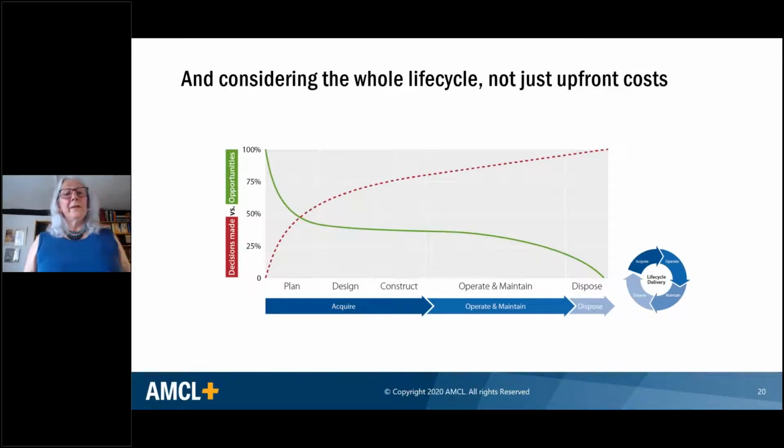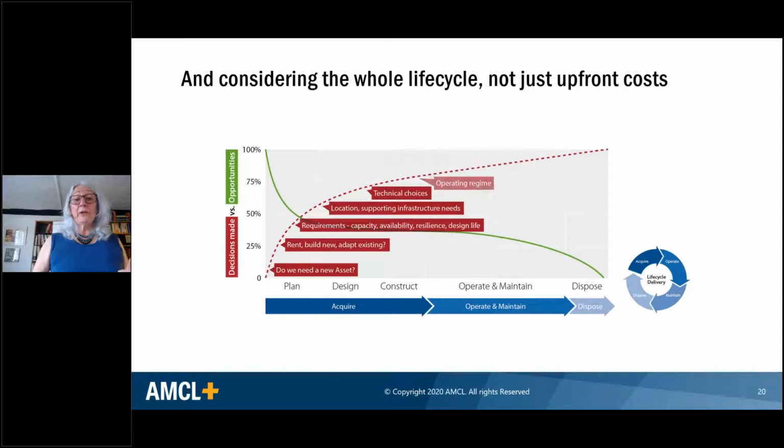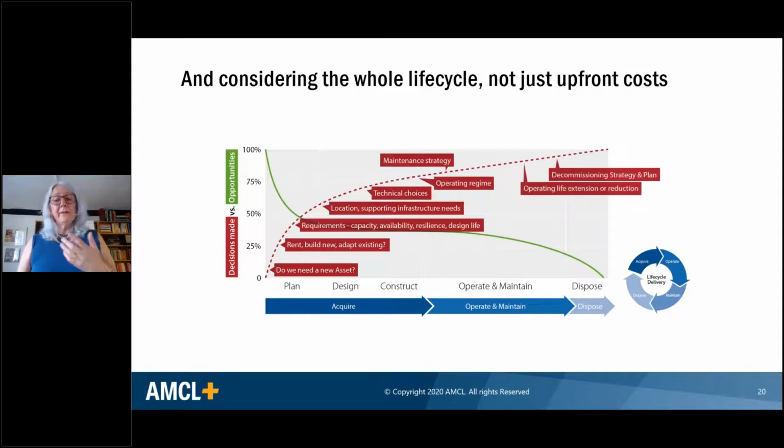So it's not only operations and maintenance who need to be taught about asset management. It's also the people up front, including the planners, the engineers, the project managers. Because as we go through, we're locking in both the costs and the risks. This is a big concept in asset management: you can't make these decisions in isolation at the beginning.